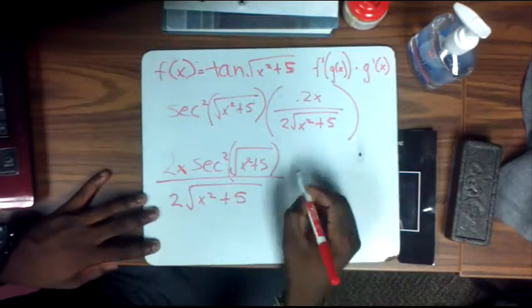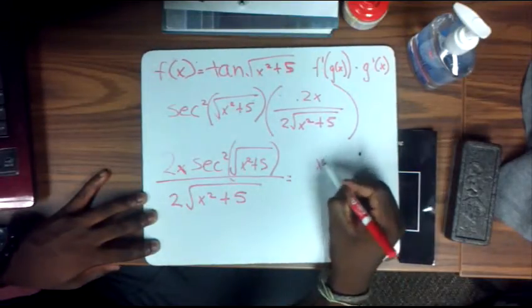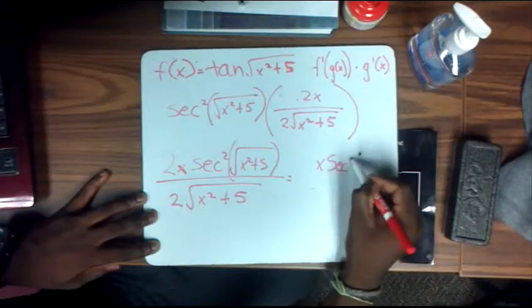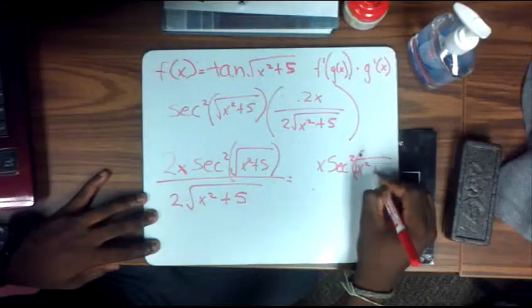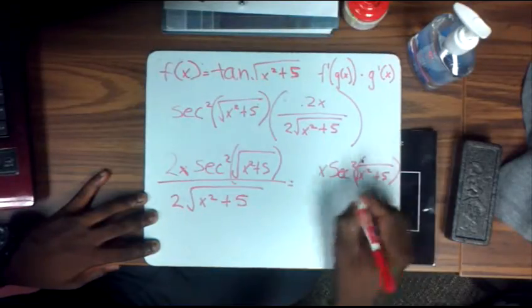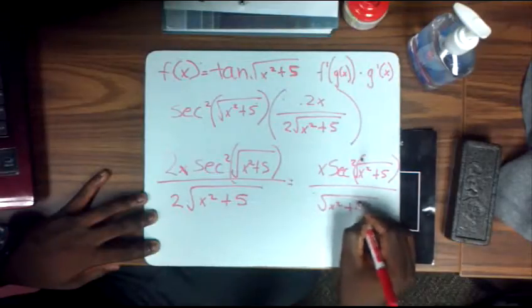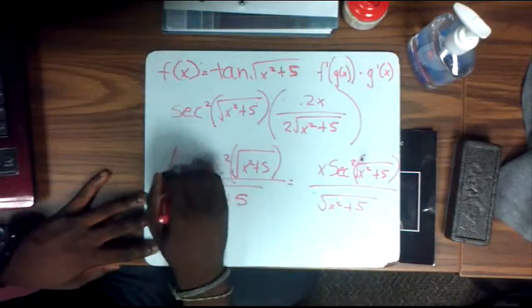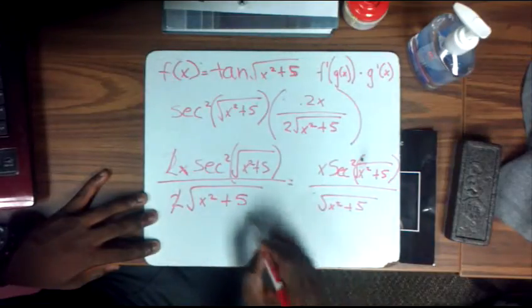In this case, you can even go farther and change it into x times secant squared of the square root of x squared plus 5, close parentheses, over the square root of x squared plus 5, because you can easily cancel this 2 and this 2 and make the equation simpler.